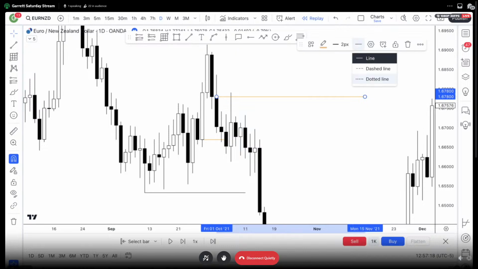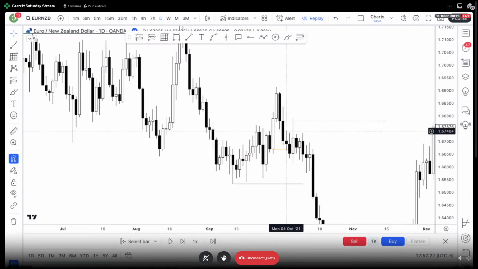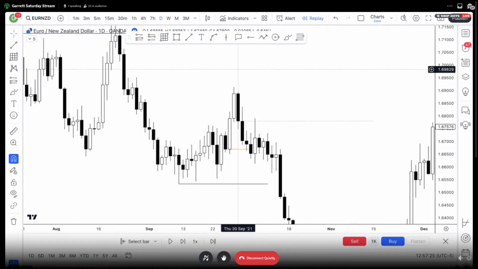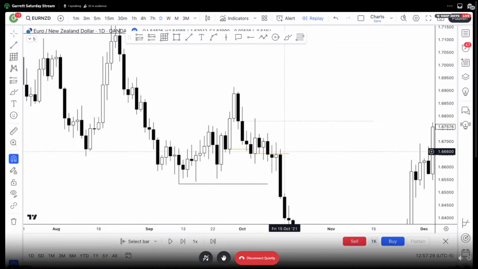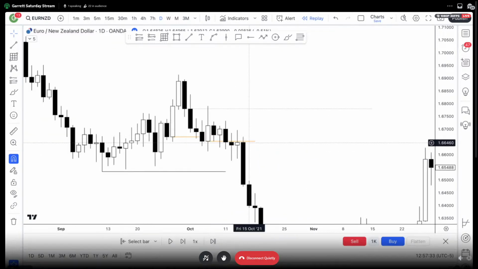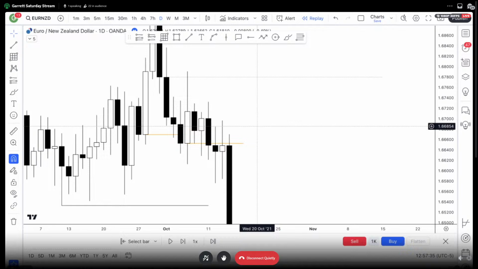Let me do this. Right here we have a weekly swing point, right? And then you get a bit choppy, but forex, you get your propulsion block, right?